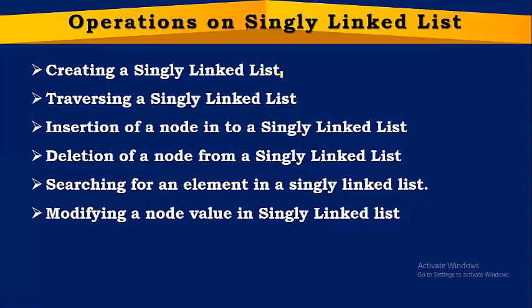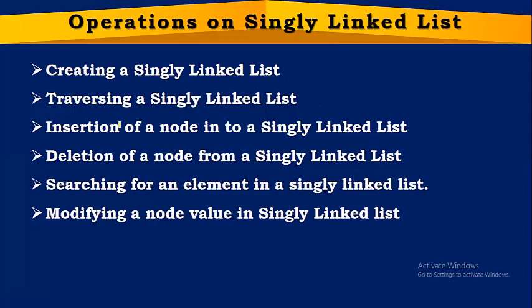So it is going to create a singly linked list with initial nodes. Next, traversing a singly linked list. In this operation, you are going to visit each node from the first node to the last node and display its data part.